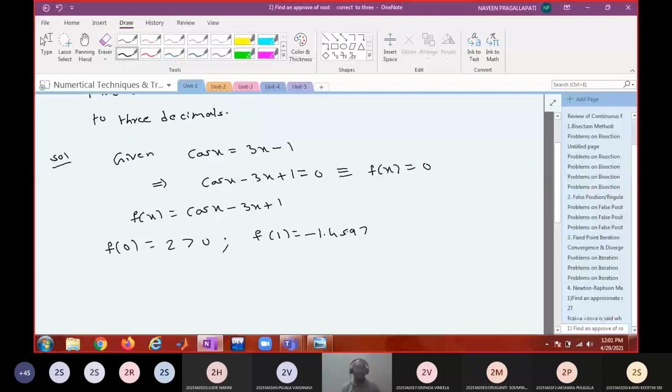Yes, sir. Minus 1.4597. Okay, now you can see f of 0 is positive, f of 1 is negative, and this function is continuous, means there is a root in between 0 and 1. So we located the interval containing the root.